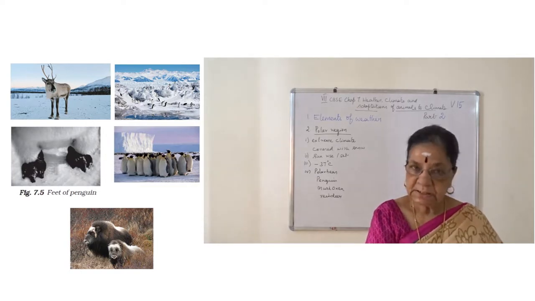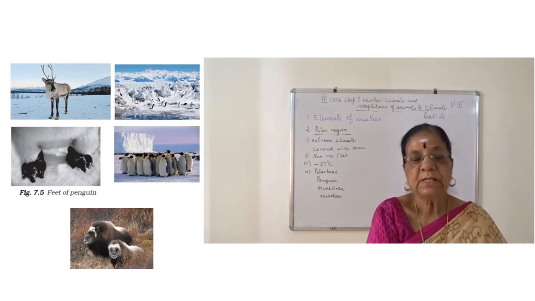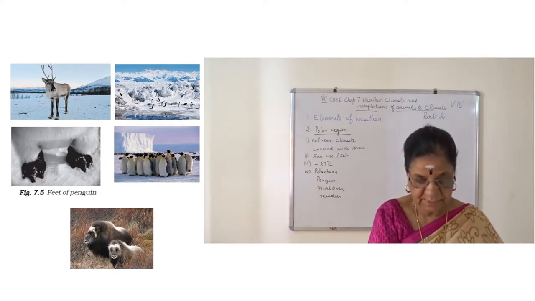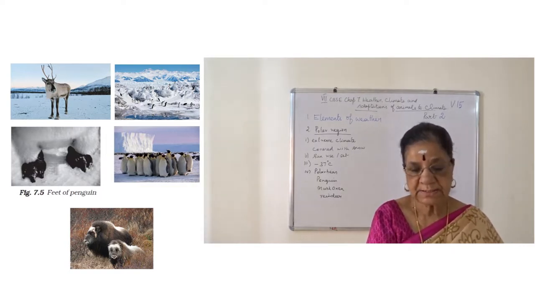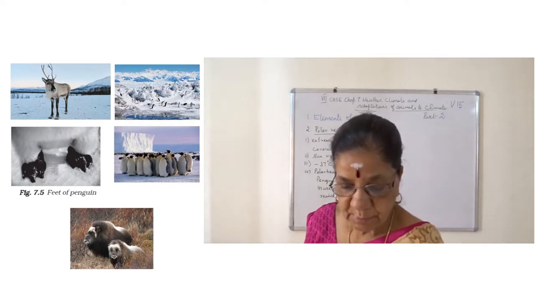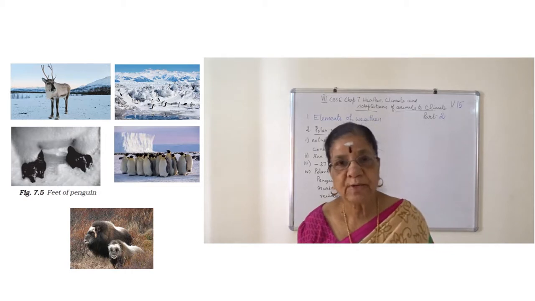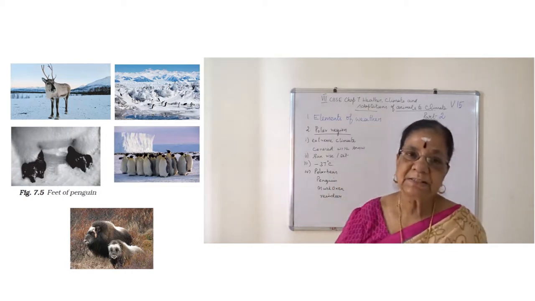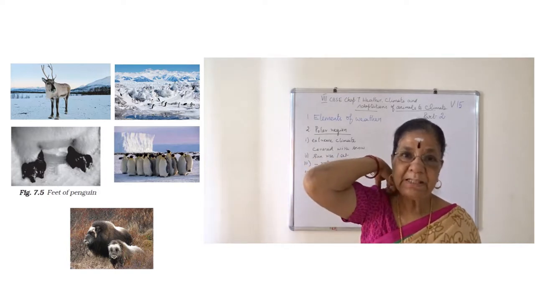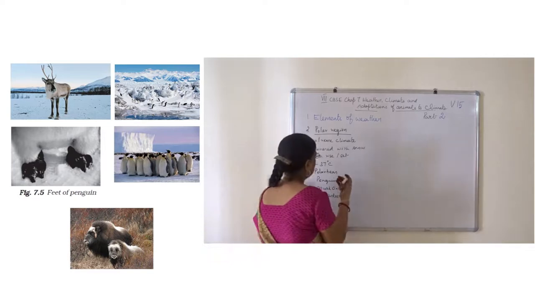Below the white fur, it has a layer of fat on the skin. The polar bear has white fur, and below that, a layer of fatty substance on the skin. It is called blubber, B-L-U-B-B-E-R.